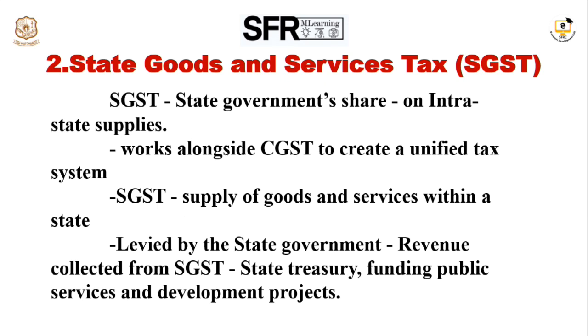SGST applies on the supply of goods and services within a state, which is similar to CGST. It is levied by the state government. The revenue collected from SGST goes directly to the state treasury, funding public services and development projects.